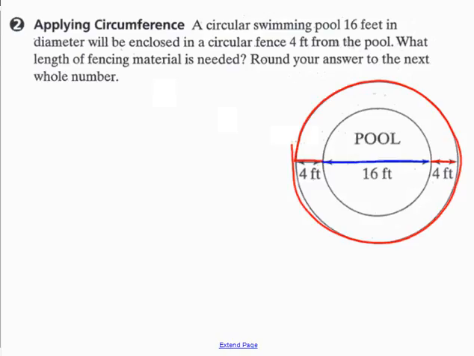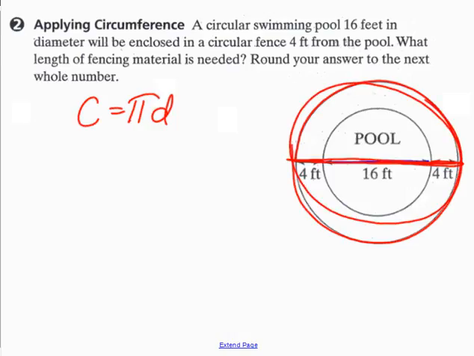That's the circumference. If you look back at your sheet, you'll notice that the circumference equals pi times the diameter. Well, that's easy enough. Well, sort of. What we have to do is add to get this whole diameter, because we want the distance around the fence.